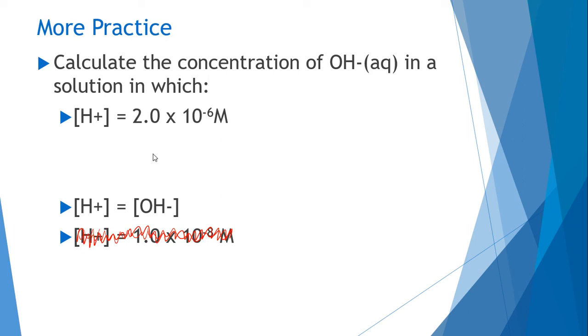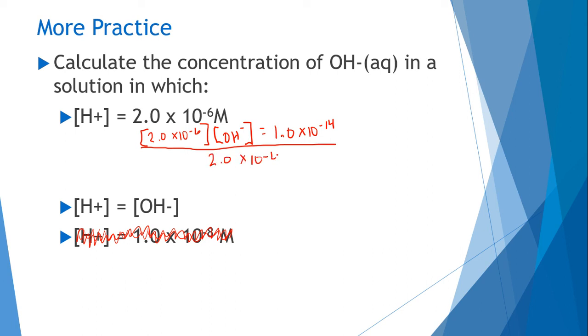So here on our first one, same thing. I now know my H plus, so I can plug that in. I don't know my hydroxide, so I'm going to just keep it as hydroxide. And this is still going to equal 1.0 times 10 to the negative 14th. Just like the previous problems, we're going to try to get OH by itself now, so we're going to divide by that 2.0 times 10 to the negative 6th.